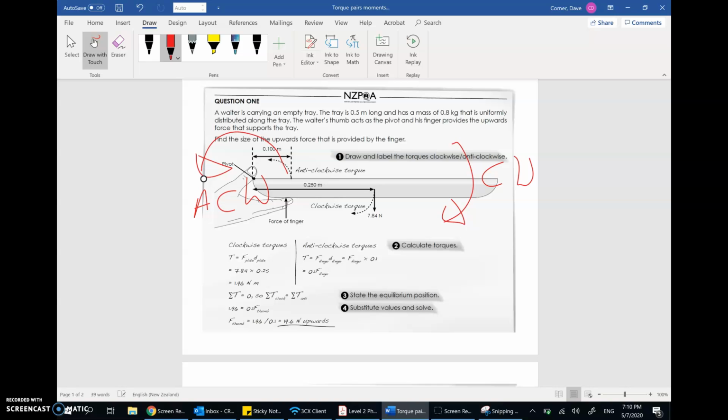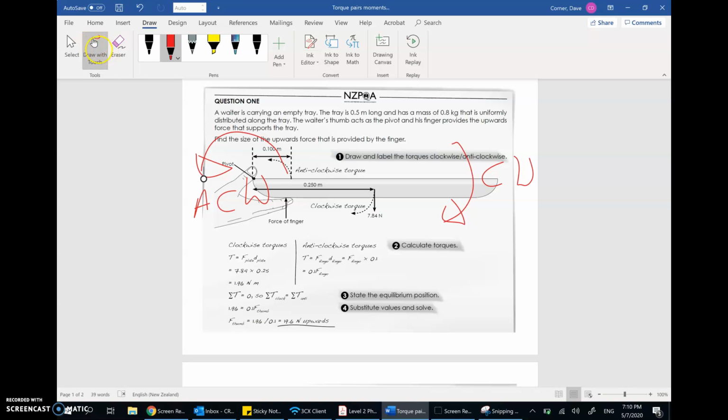So the trick with these questions is to realize that the thumb at the edge of the plate is the pivot, and you've got a torque caused in the anti-clockwise direction by the fingers multiplied by 0.1 meters, and a torque created by the plate creating a clockwise torque, which is 7.84 newtons multiplied by 0.25 meters.